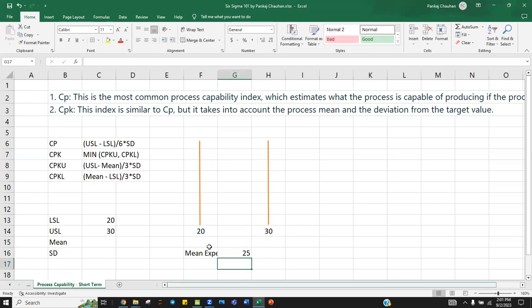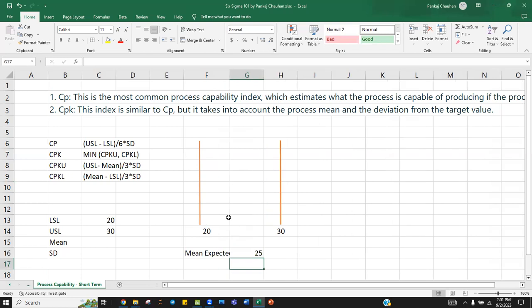So the mean expected will be 25. If your mean value is 25, then we are good. If your mean value is less than 25, then there is a higher chance that defects will be generated on the lower side. Or if the mean value is more than 25, then there is a chance that defects will be generated on the upper side of the specification.